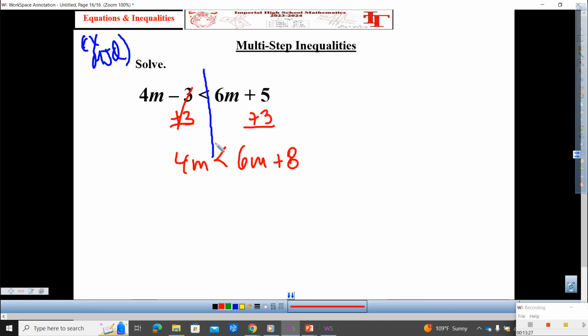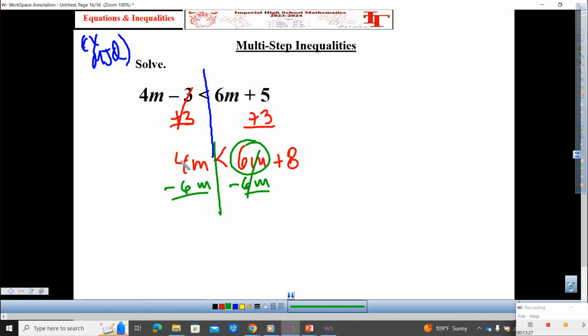Bam. All right, so check this out. Now, me, Mr. Q, I like to use smaller variables, and I would subtract 4m from both sides. However, to make it a learning moment, I'm going to get this variable and move it to the other side. So what is the opposite of a positive 6m? Minus 6m, minus 6m.